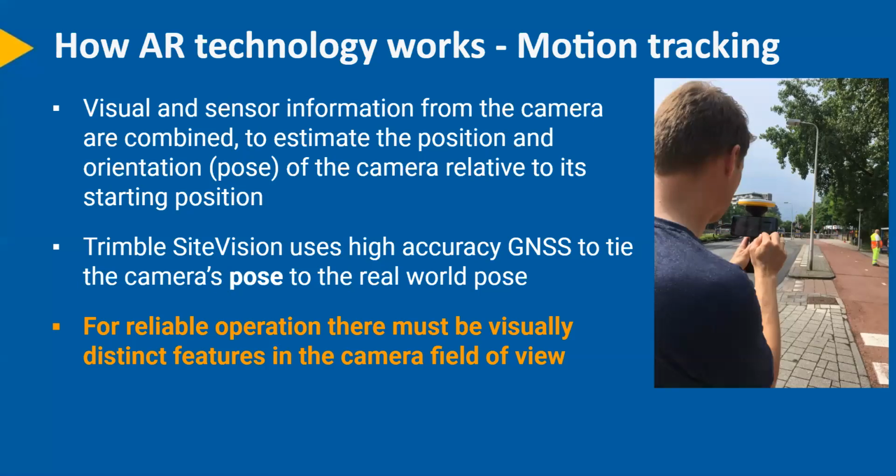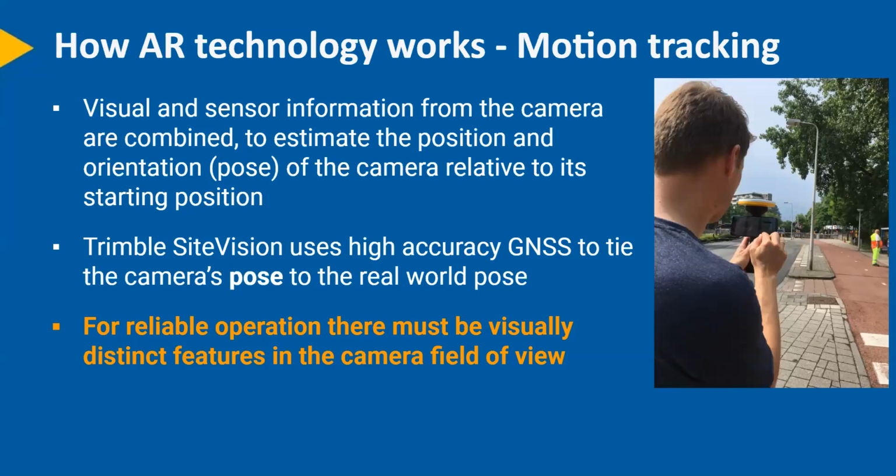And that basic pose can be enhanced with something like what Sight Vision uses. We take a high accuracy GNSS and relate that pose to an actual physical location on the Earth, and therefore we tie the camera's pose to where you are in the real world. What this really means is that you need a good high quality GNSS position, and you also need visually distinct features in the camera's field of view.